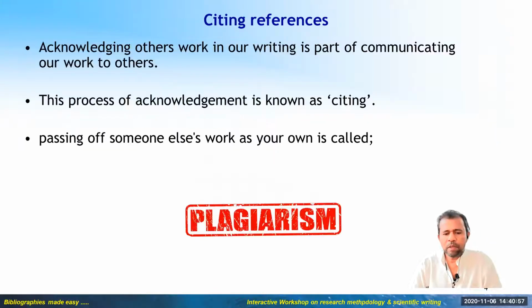And citing references for any academic work is very important. There are many reasons, actually you can give hundreds of reasons, but the very basic thing is that it's part of your scientific communication to acknowledge someone else's work, right?